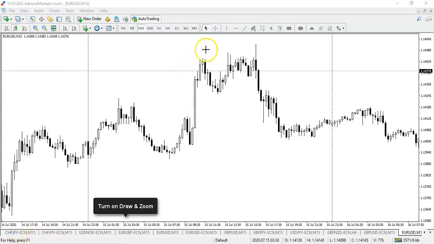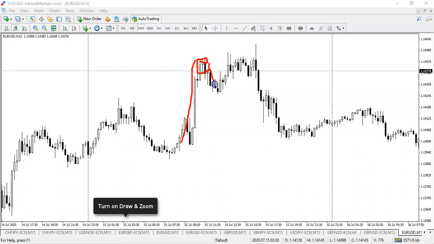We have this to be an impulse leg. So this is where traders jumped in. Traders jumped in at this level.